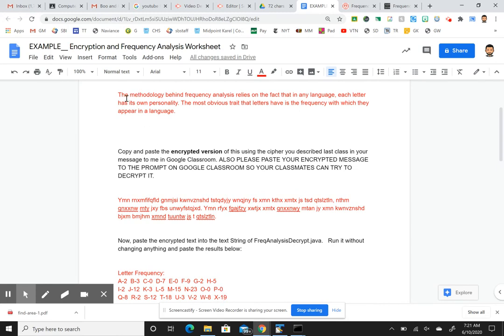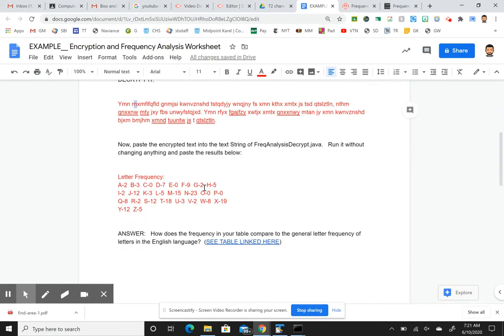And it does appear to be, because the first word is "the," so N would be the E, and also the E in "methodology." So our frequency analysis in this case told us right away that N was actually E, because the most common letter happened to map to the most common letter in English.